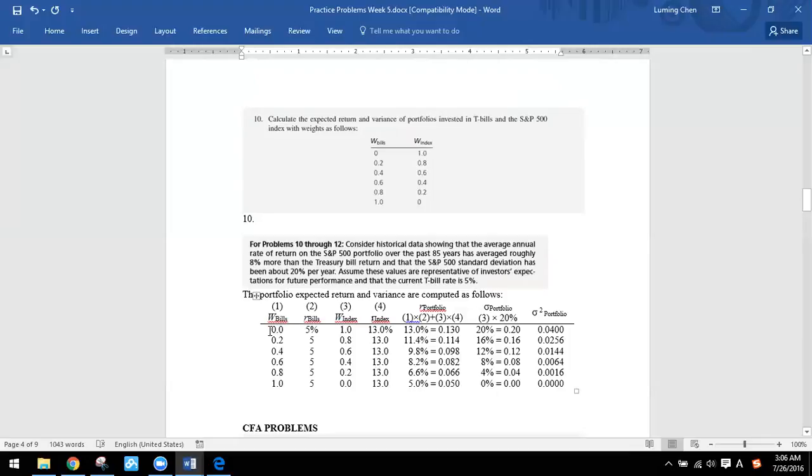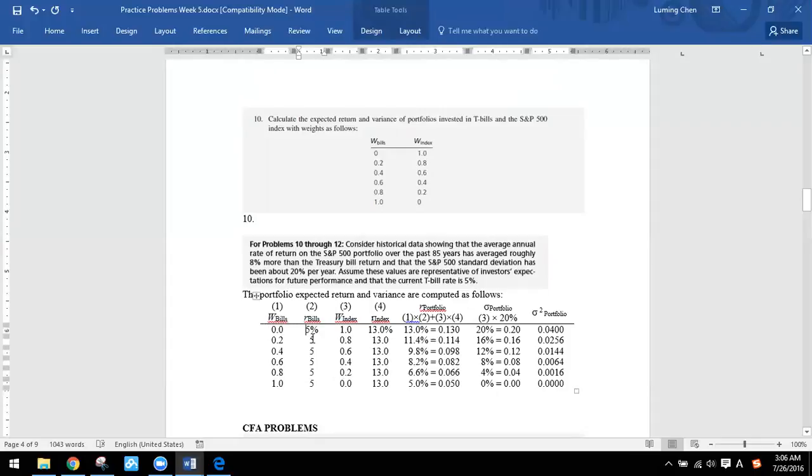So we use the same calculation as the previous questions. This is the weight of Treasury bill, the return on Treasury bill, no standard deviation on Treasury bills. This is the weight of the index, the expected return of index.